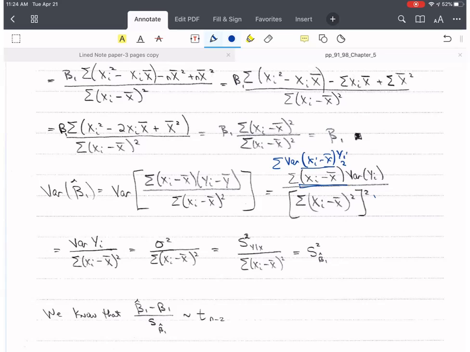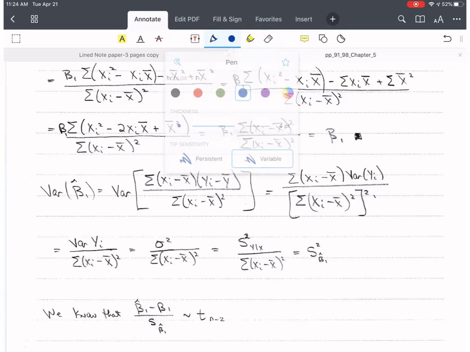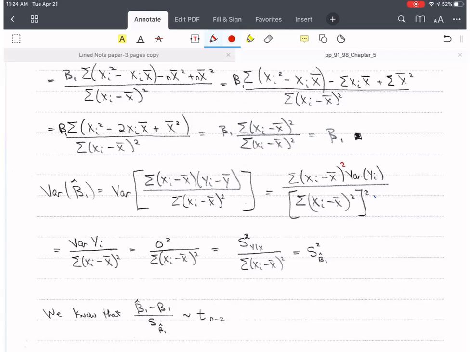This part is a constant, so it gets squared. So I need to correct my notes here slightly, and this is a square. Okay, so then one of those cancels out with this square on the bottom.